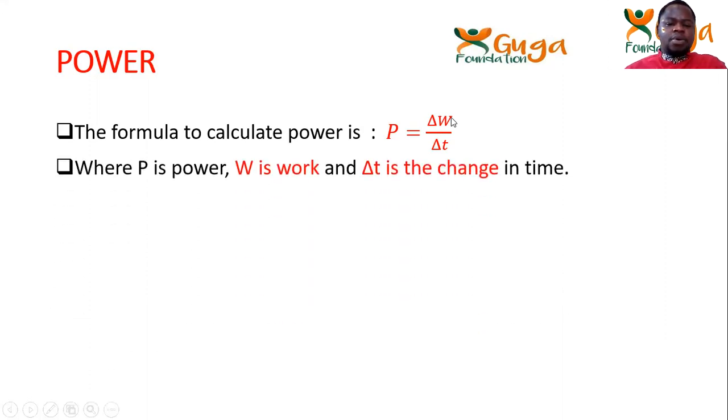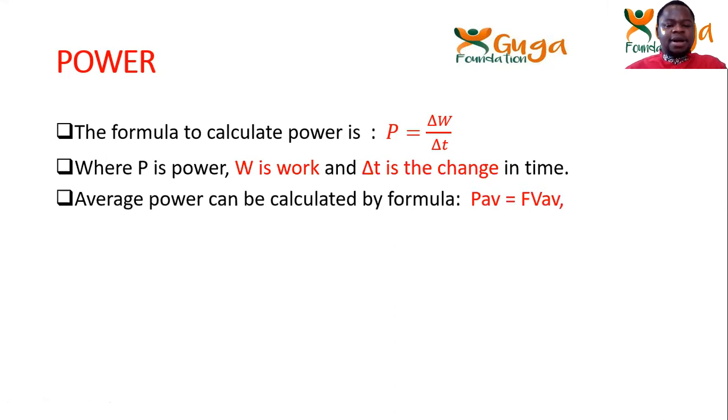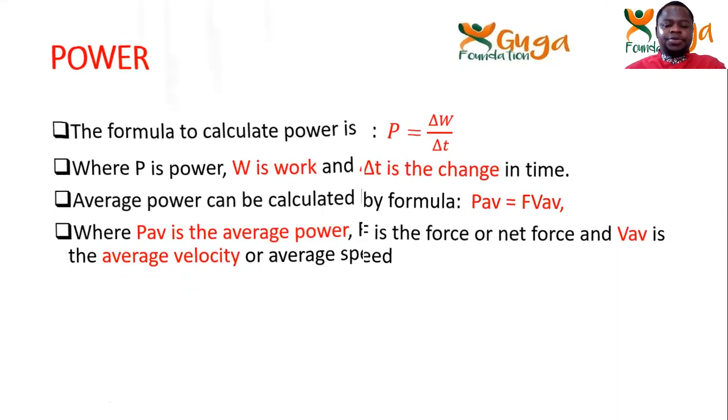P is power, W is the work done, and change in t is time. If you want to calculate the average power, you can use average power equals force multiplied by velocity, where F is the force and v is the average velocity or speed.